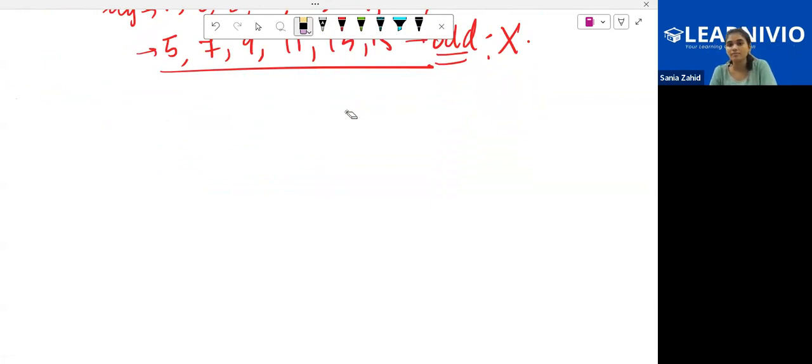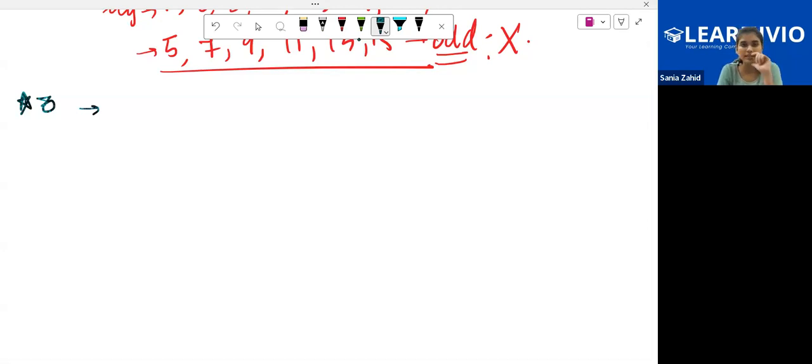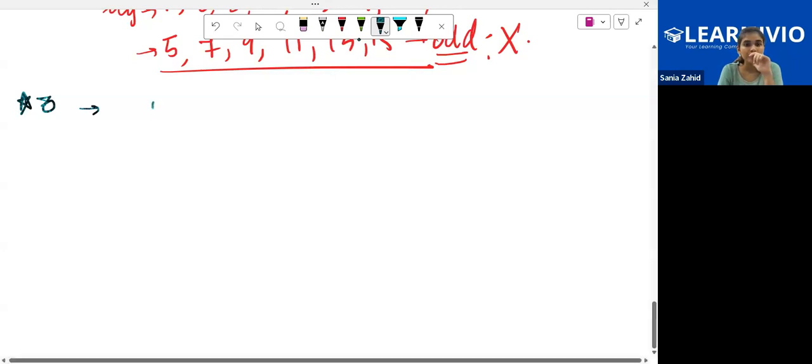Okay, very good. Now we come to the second thing. I'll check the divisibility for 3. For checking for 3, I am going to add the digits of the numbers. Like consider 15.